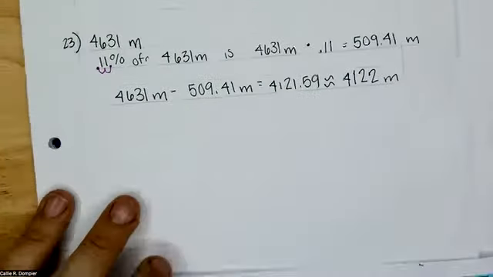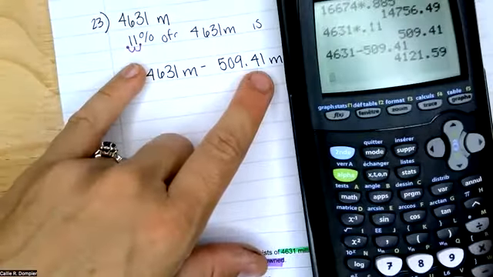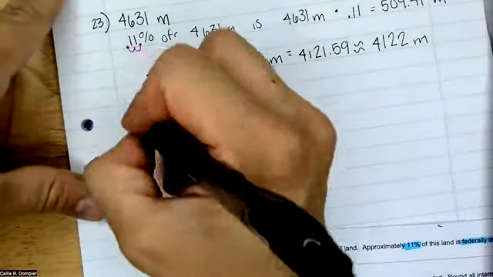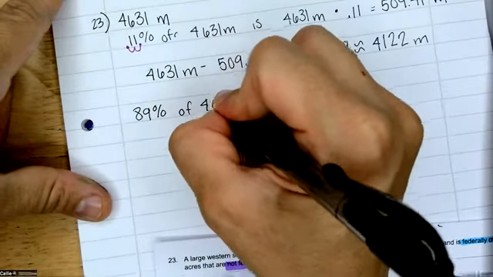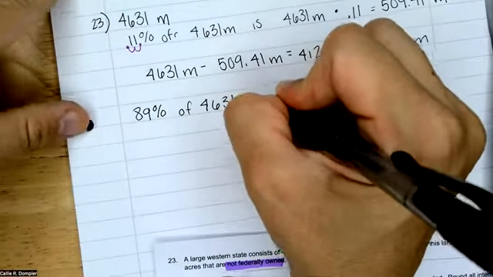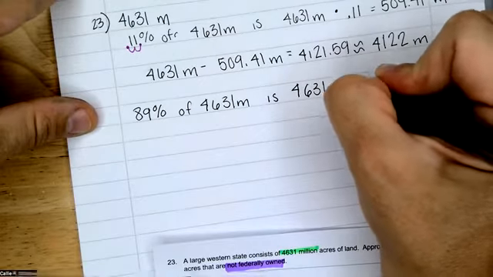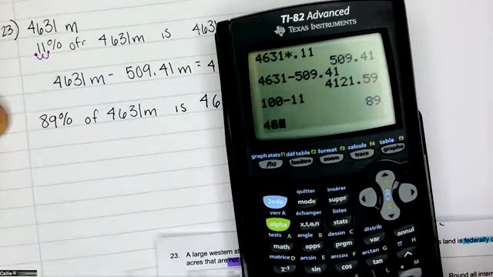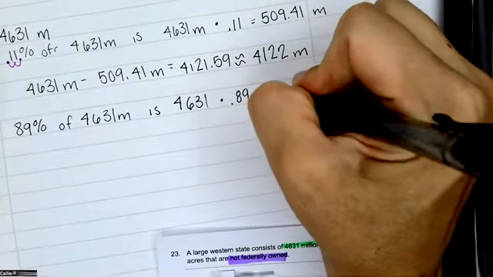Or you can say 11% is federally owned, so what is not federally owned is 100 minus 11%, so 89% of 4,631 million. 4,631 times 0.89 is 4,121.59.